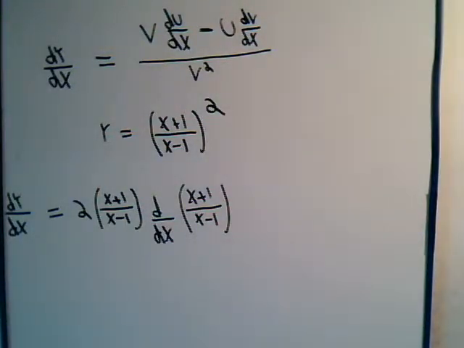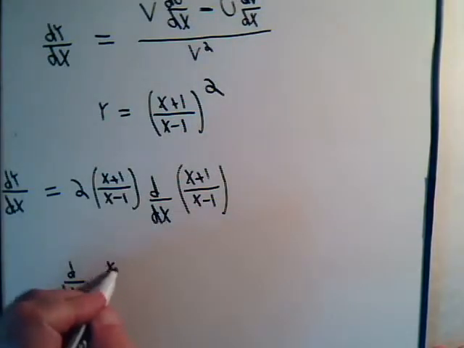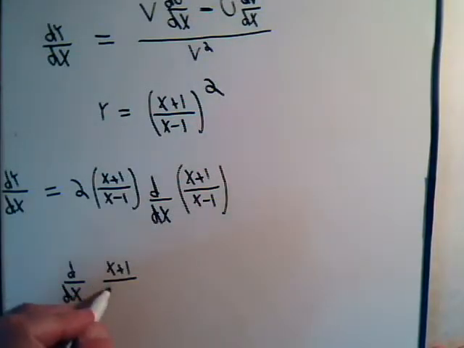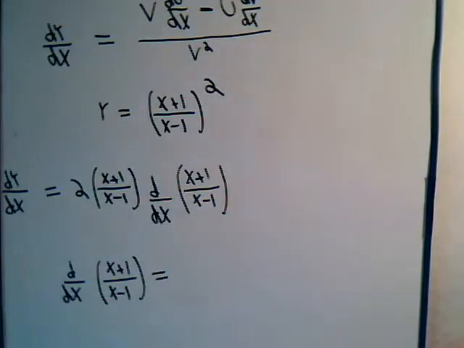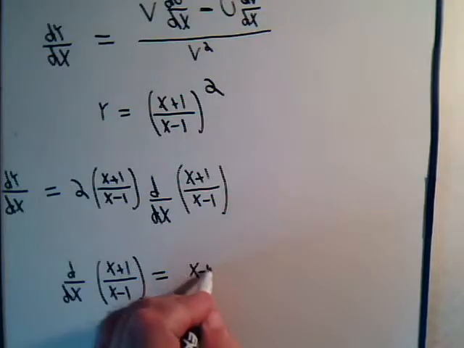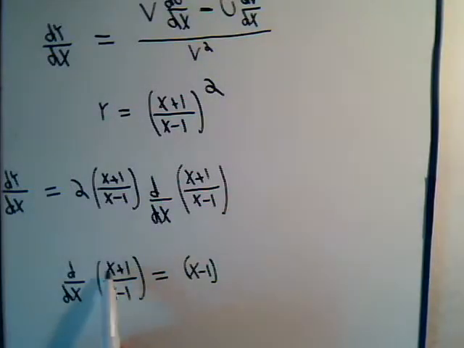So let's see. Let's work with this. We have here d dx of x plus 1 divided by x minus 1, and that is equal to, we will have this times the derivative of this, and that's just 1.